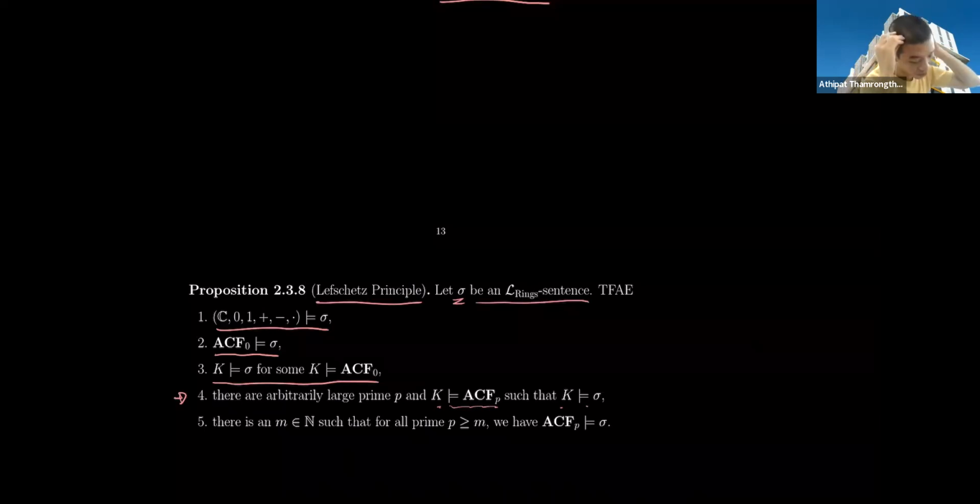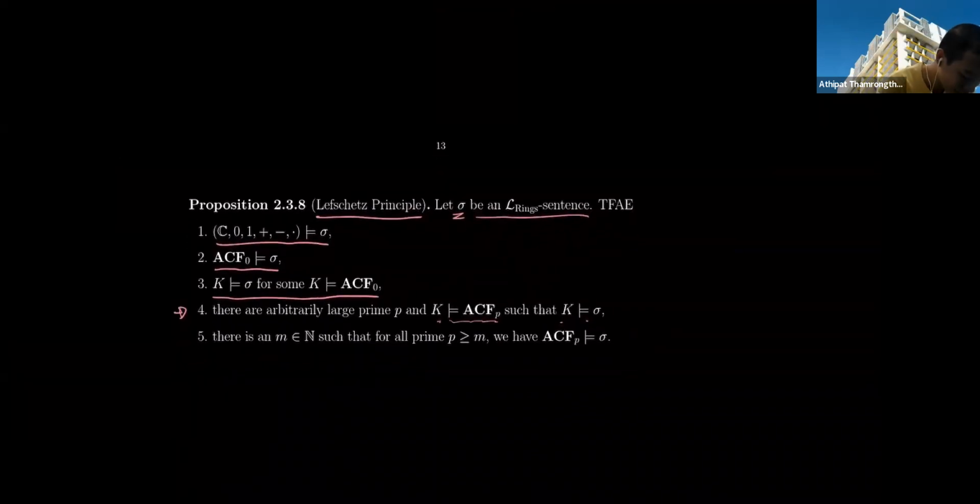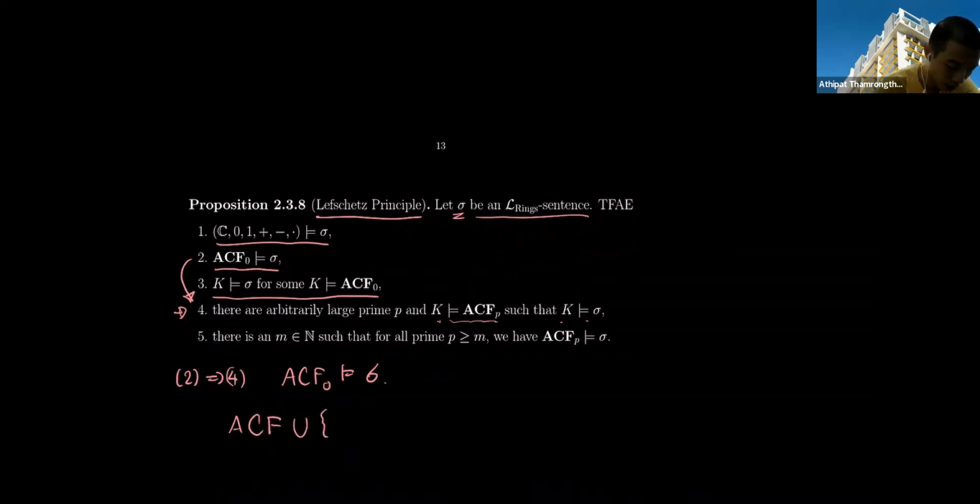Okay, that is very interesting here, and let me sketch roughly how we can get that one. The idea is it's easier to see from 2 to 4. So if you have ACF_0 proves sigma, what you can do is go back and look at ACF union not chi p for every p that is a prime.